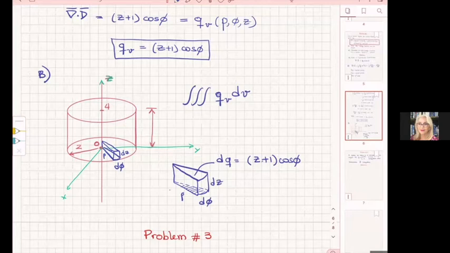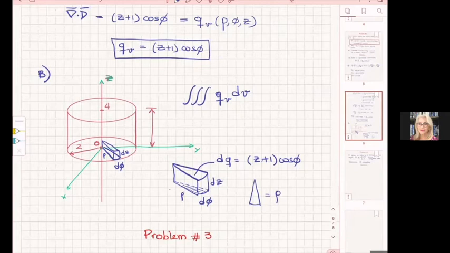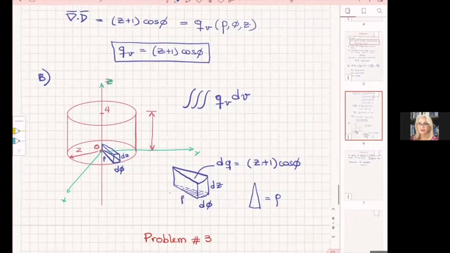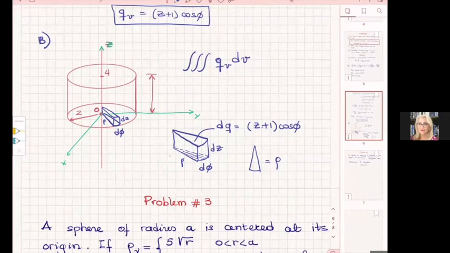But this is like a triangle. And the area of this triangle is going to be, practically, because it's almost a rho, which is this, and d phi divided by 2. All right. So why did I say that?